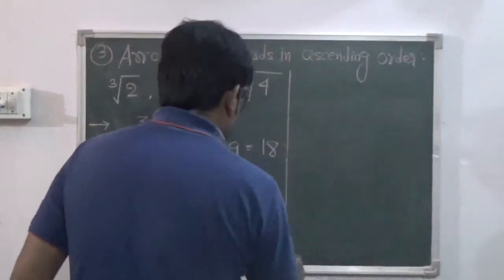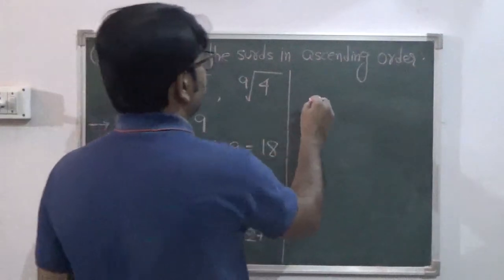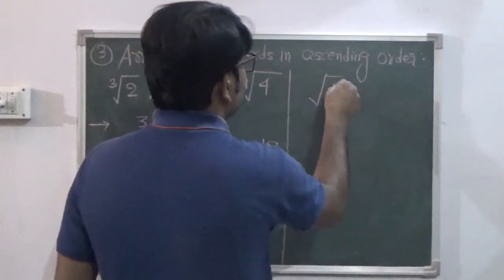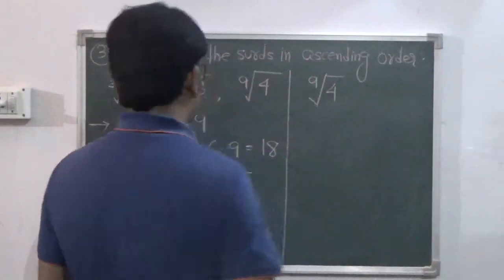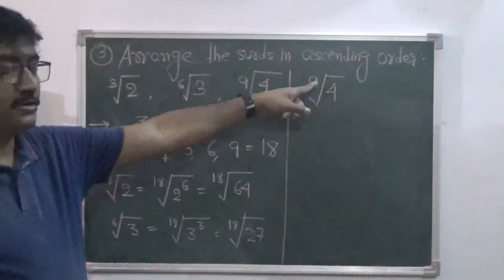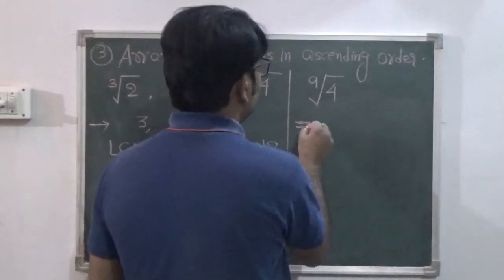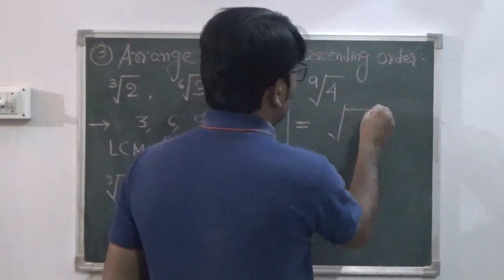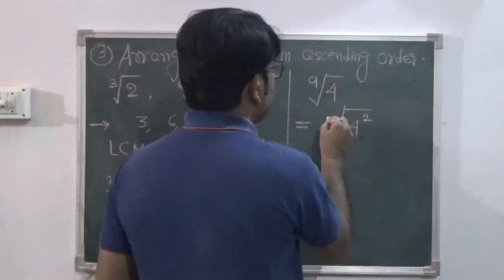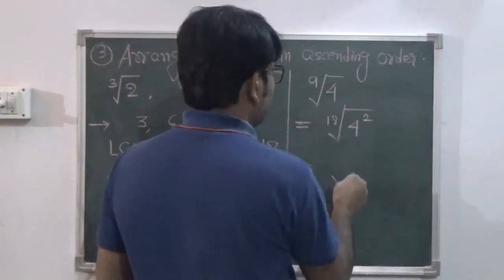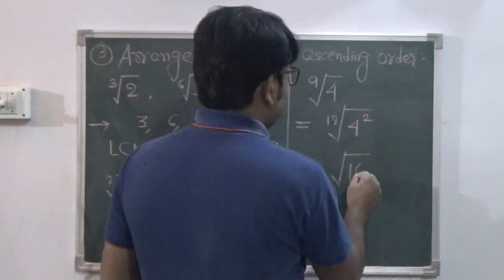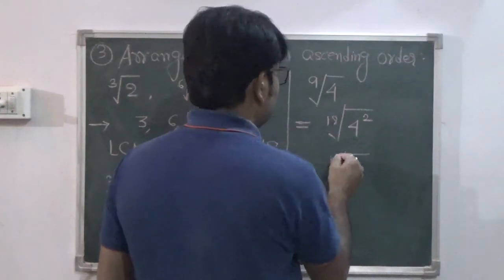Next, we have the number 4 and the order 9. To get 18 here, we multiply by 2. So this is 4 power 2, that is 16, with order 18, right?